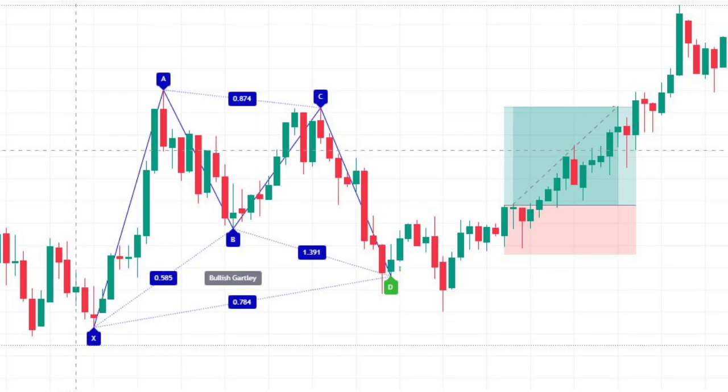Take profit 2, TP2, at point A, the next major level. Take profit 3, TP3, at a further extension, e.g., 127.2% of CD leg, or manage trailing your stop. Risk to reward on this setup is often excellent because your stop is well defined and your first target is relatively close.